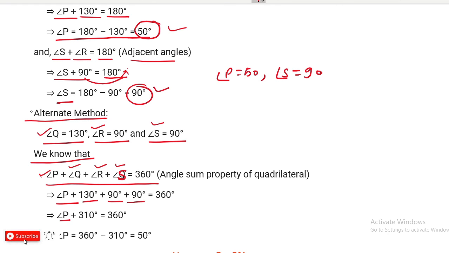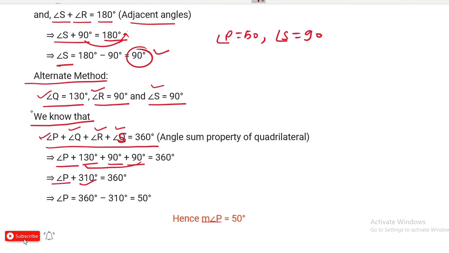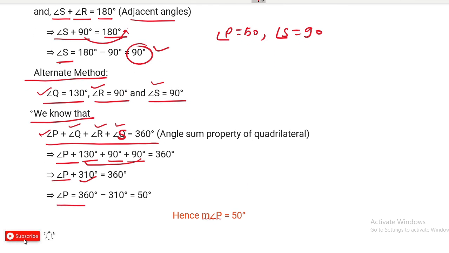Then angle P plus, when we add these three numbers, it becomes 310, is equal to 360, and angle P is equal to 360 minus 310, which is 50. By this other method we also find the value of P is 50. Okay, thank you.